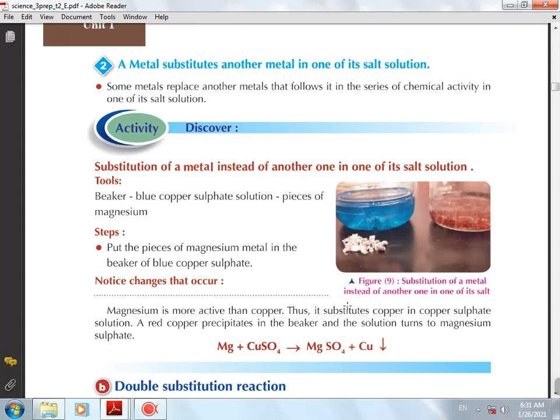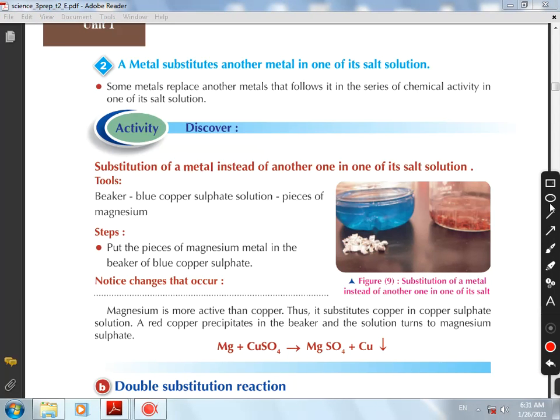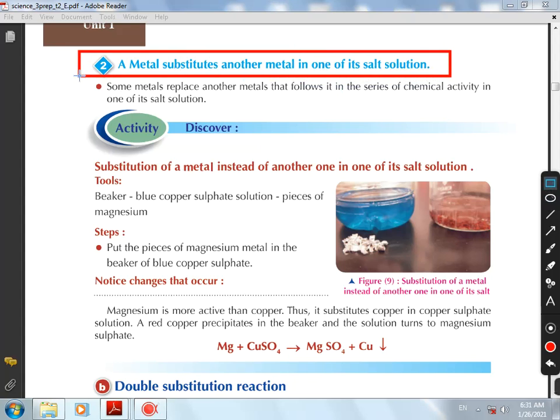The second type in simple substitution reaction: a metal substitutes another metal in one of its salt solutions. Here we have a metal that can substitute another metal. Okay, some metals replace other metals that follow them in the series of chemical activity in one of its salt solutions.